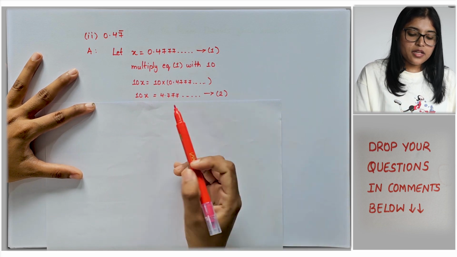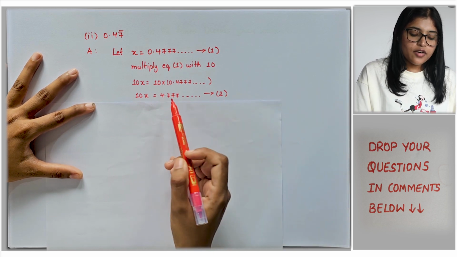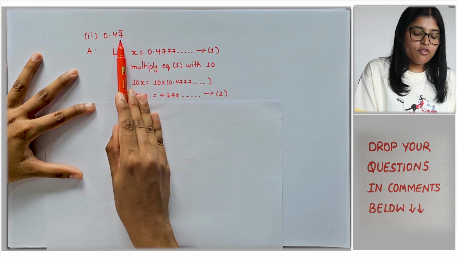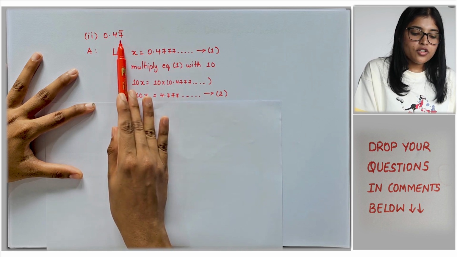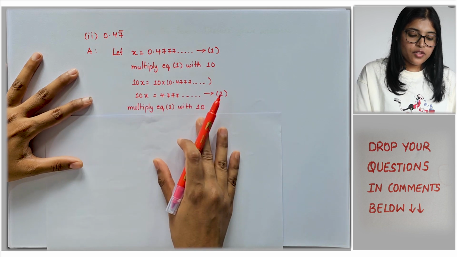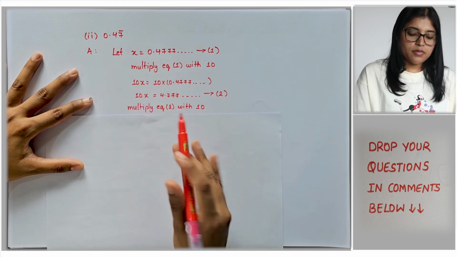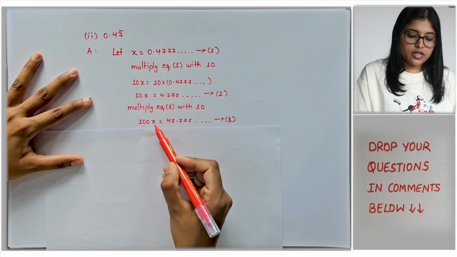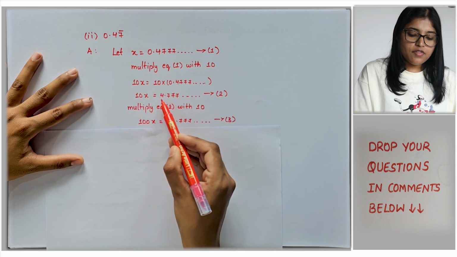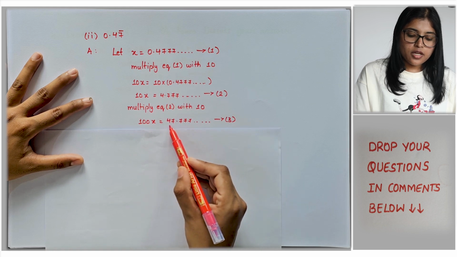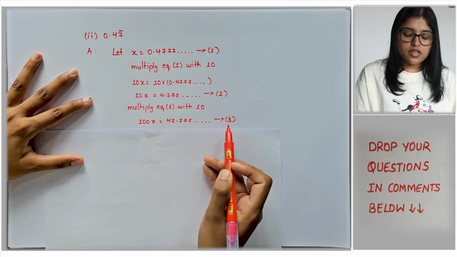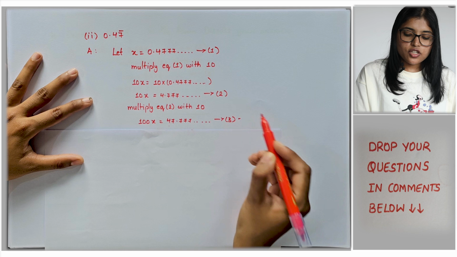The next step is to multiply with 10 raised to the number of recurring decimals, which is 10, because one number is recurring. 10x into 10 will give me 100x, and this 7 will come outside, so that will make it 47.777 and so on, which is equation 3.